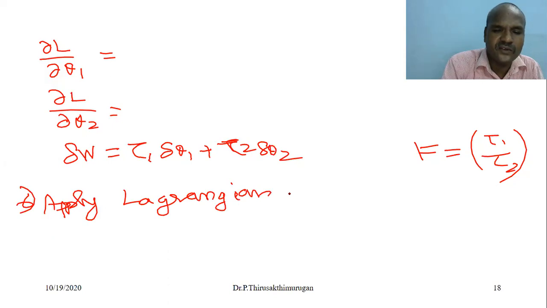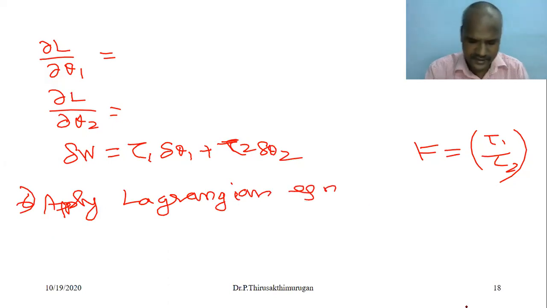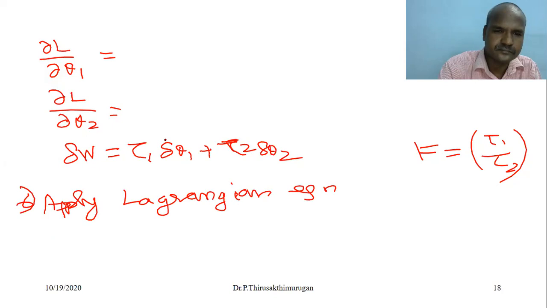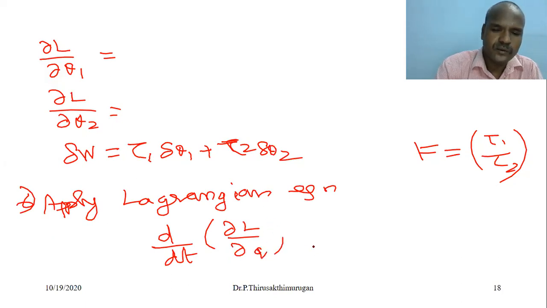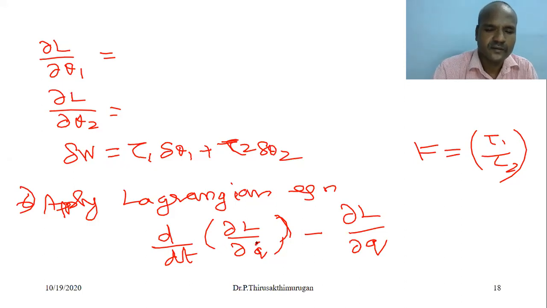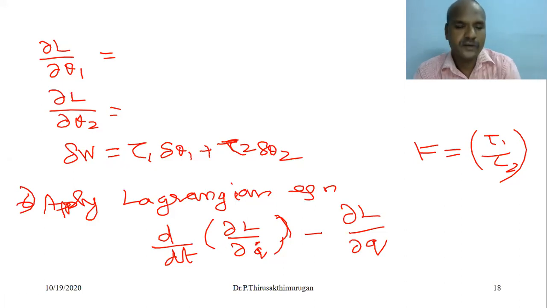Then apply Lagrange's equation. The sixth step is to apply the Lagrangian equation. What is the Lagrangian equation? d by dt of dou L by dou Q dot minus dou L by dou Q. Understand?